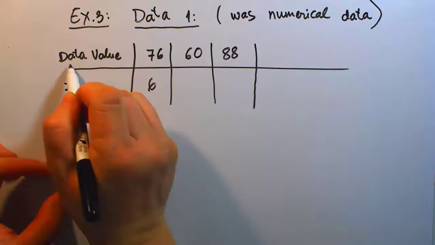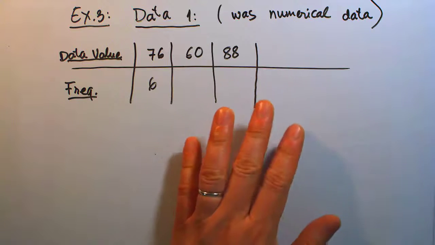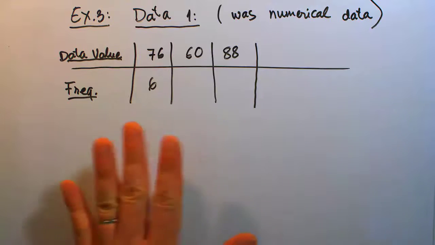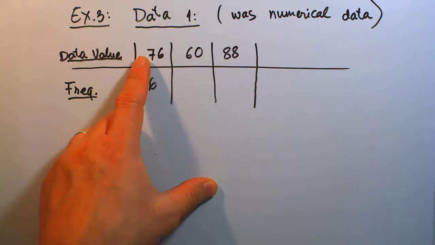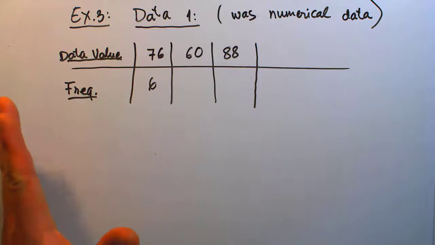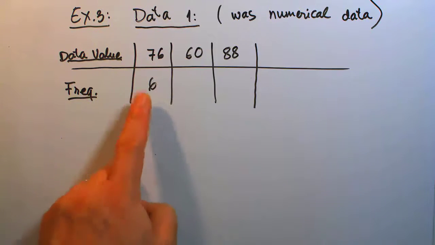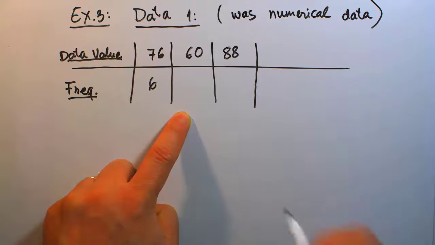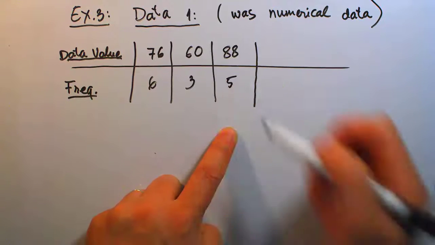So now what I want to show everybody in this example is that we can purposely treat data that was once numerical data completely and entirely as categorical data. So 76 of mine right here, once we ignore all that mathematical, all that ordering, all that numerical nature of that 76, then it simply remains as a category. So it has frequency 6, 60 has frequency 3, 88 has frequency 5, and that's all I can remember.